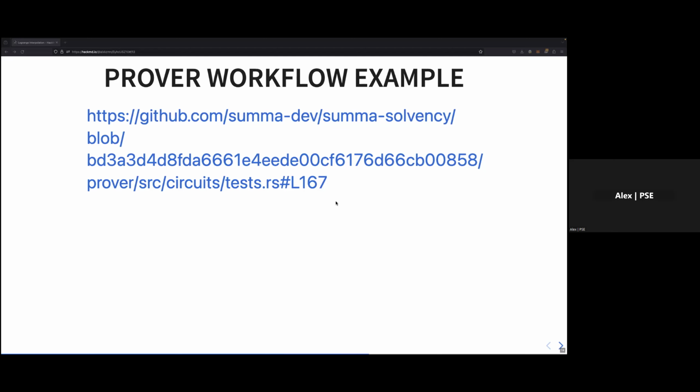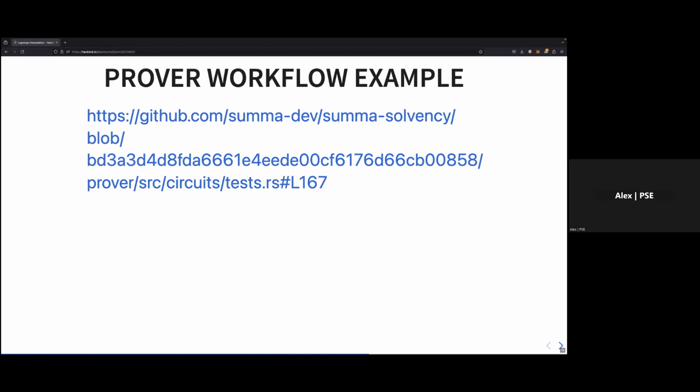Now, you will have a chance to take a look at the full prover workflow in the code. It is contained in the integration test here. I think we will not go through the code because this is too much detail for today's presentation.